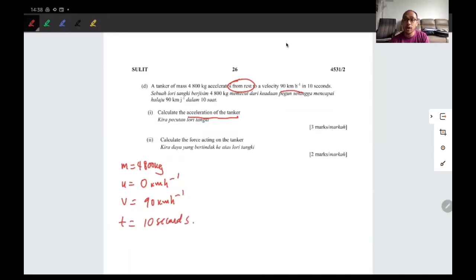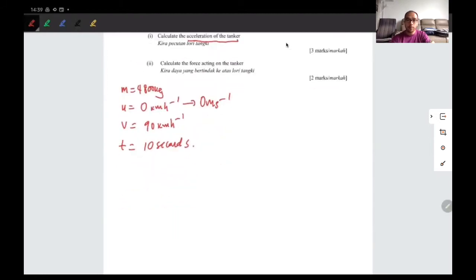So how do we change 90 kilometers per hour into meters per second? We have to change it to meters per second. So sad. In the past, I would have told you that it will be 90 times 1000 to change from kilometer to meter, and then divide by 60, and then divide by 60 another time, to change from hours to seconds.